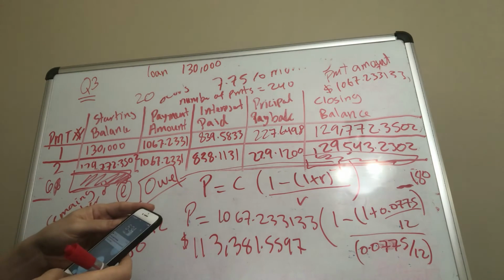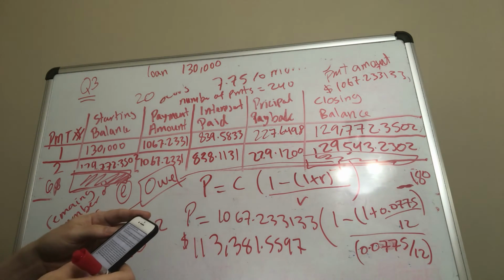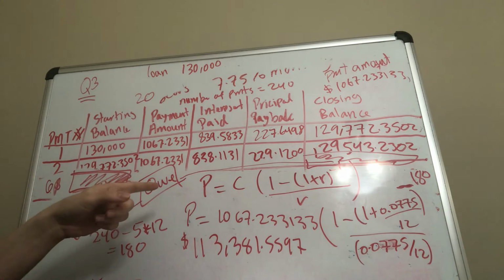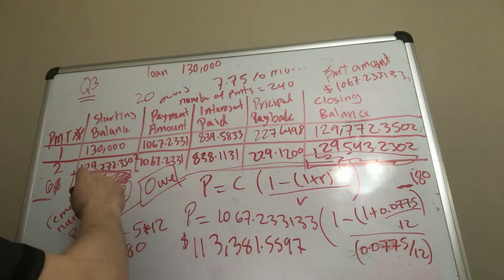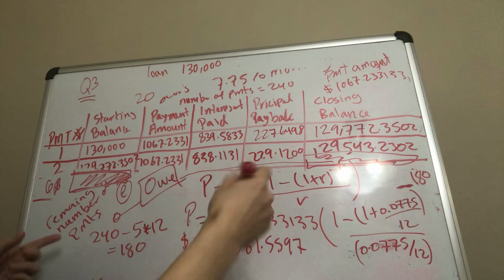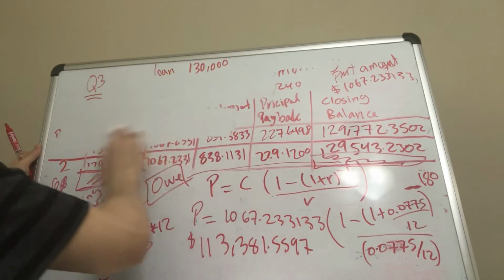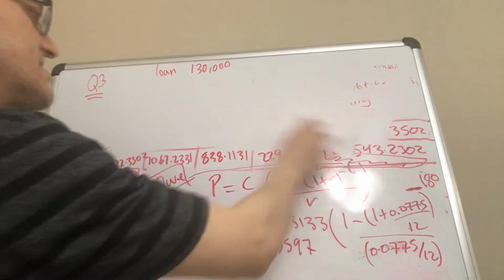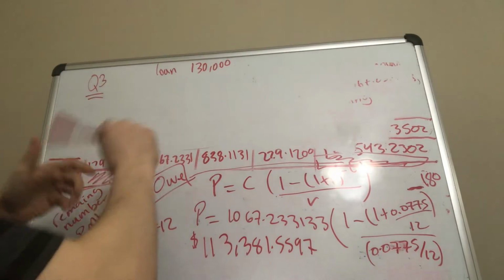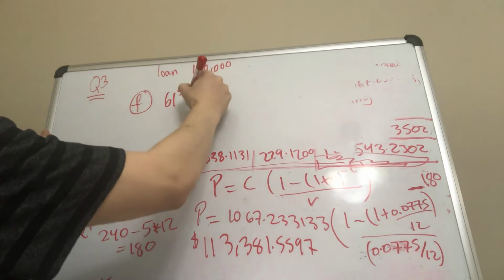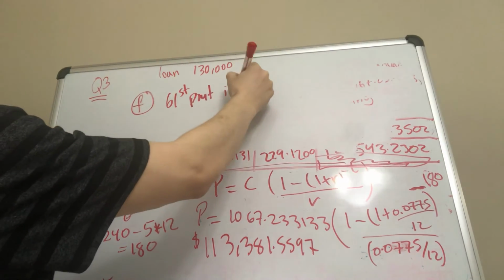So the last question here. How much of the 61st payment is interest? So it's like doing one extra line. This is the opening. How much is interest? How much is towards principal? The 61st payment. Interest.